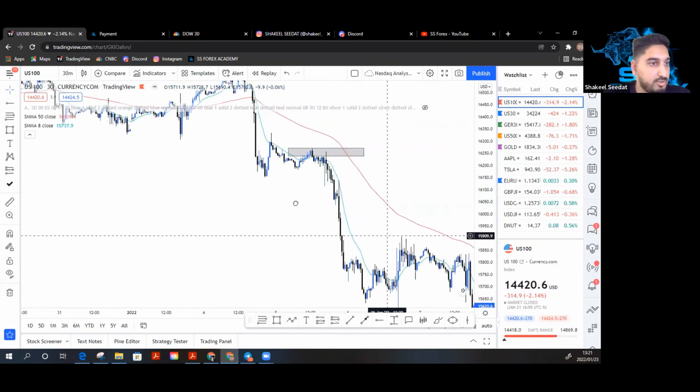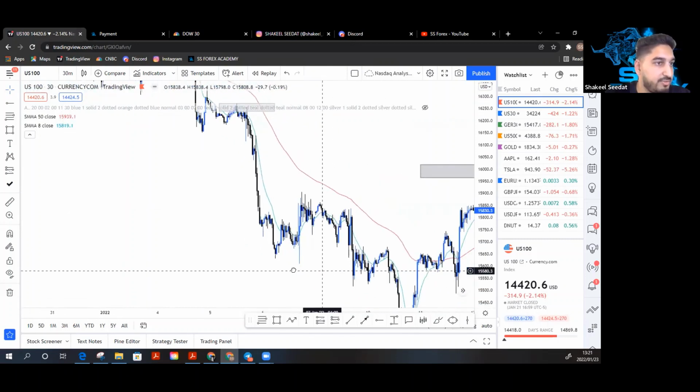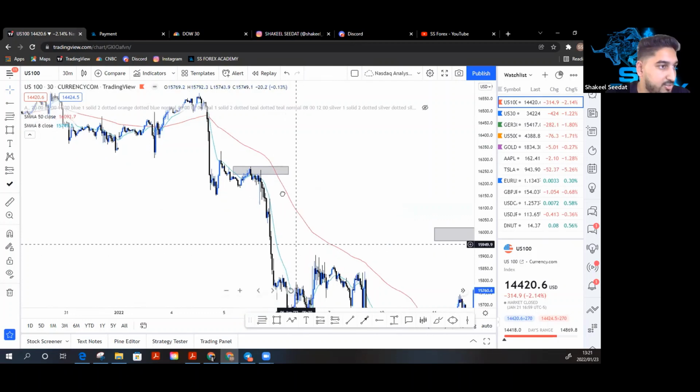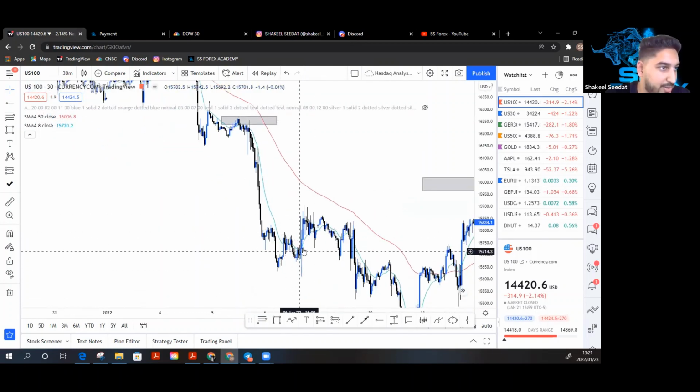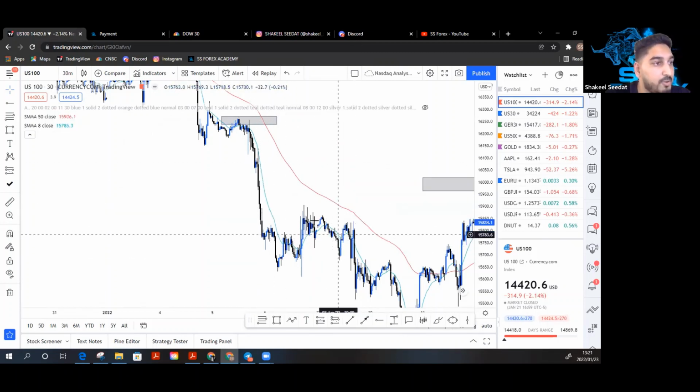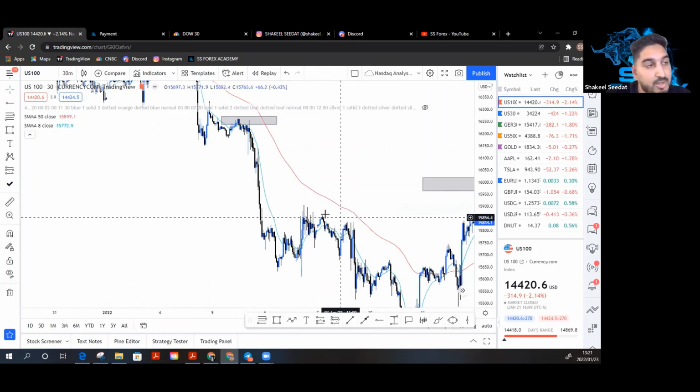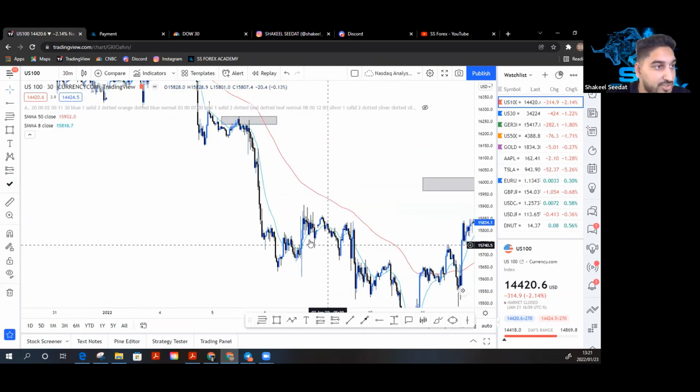Okay, so let's look for another example. There it is in front of us right here. So again, momentum coming from the upside to the downside, and then price now pushes towards this moving average here. So you've got this curve in the 8 moving average towards the 50 moving average, and then we obviously turn. So you're looking for that, and then the turn.